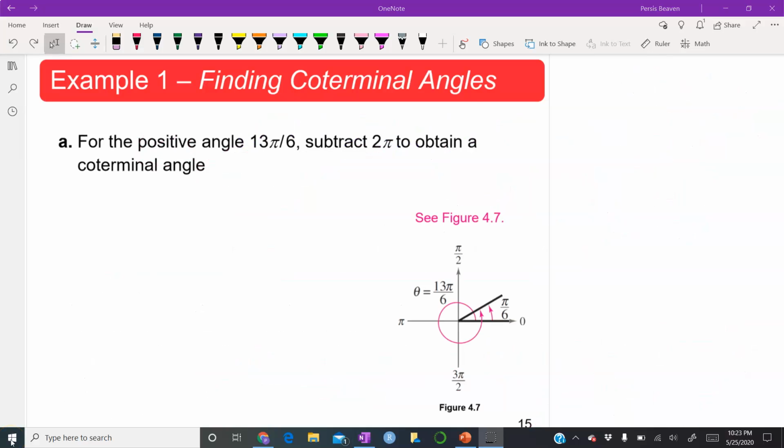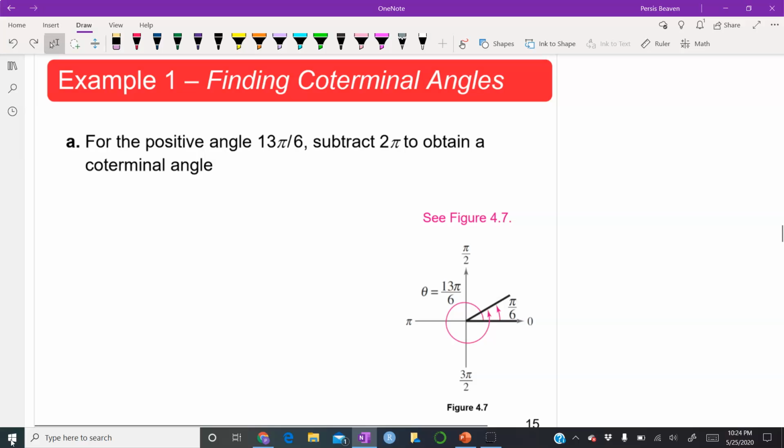For example 1, we are going to find a coterminal angle to the angle that we see here, which is 13 pi over 6. It just happens to be an angle that we already used on the previous slide. To find an angle that is coterminal to it, let's go ahead and trace it here. It starts on the positive x-axis and we go a full rotation.